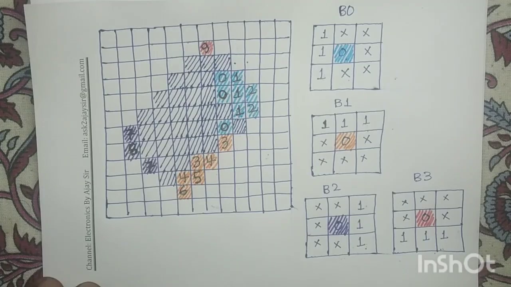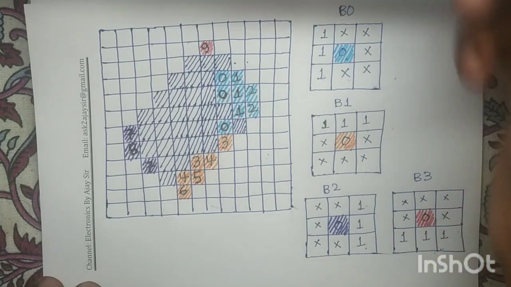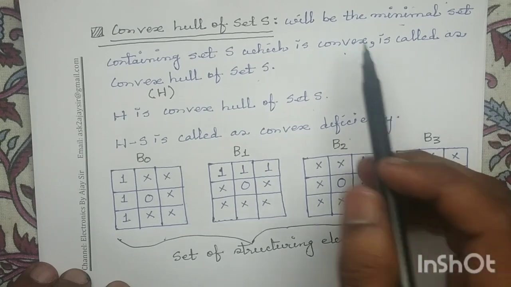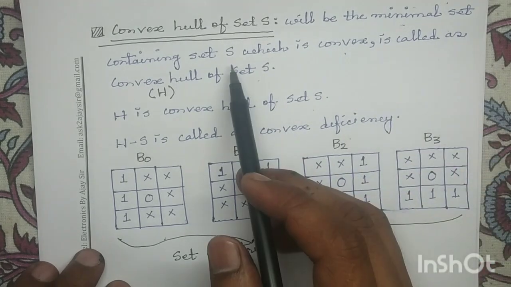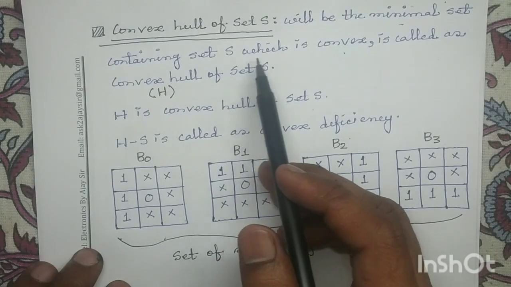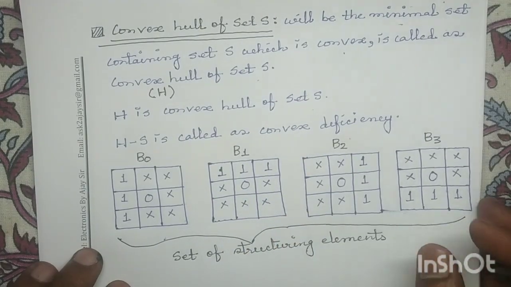If we remember the definition of convex hull, for a given set S, it is the minimal set which contains the set S and which is convex in nature.